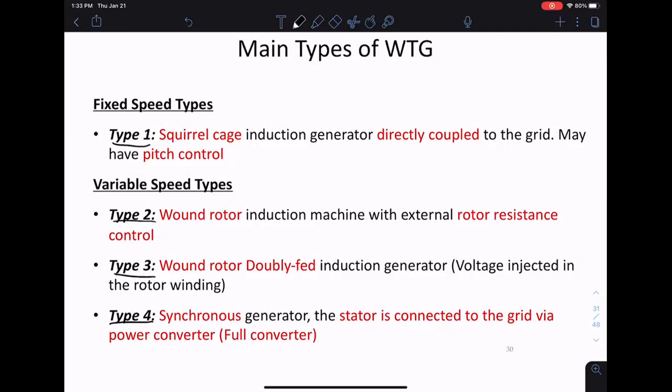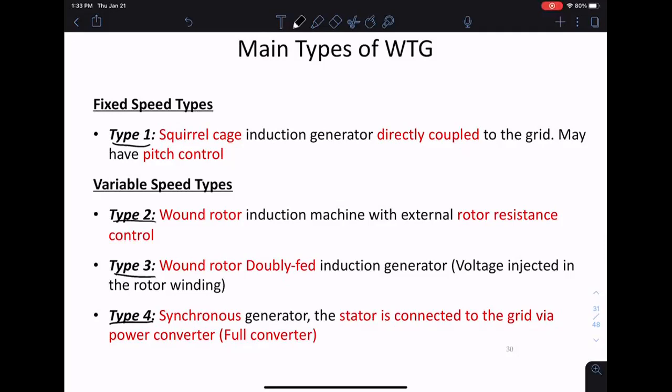When you look at variable speed ones, there are several types within variable speed. Type 2 is an improvement over type 1. We'll cover what each of these means. You have a little bit finer control, and it gives you a wider operating range.